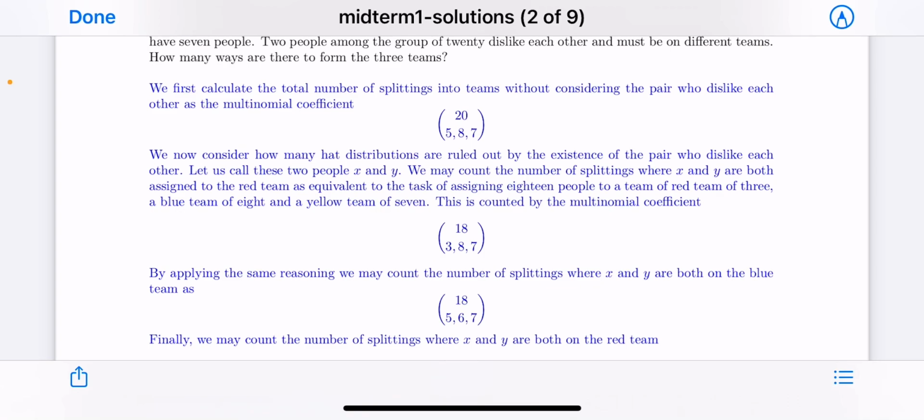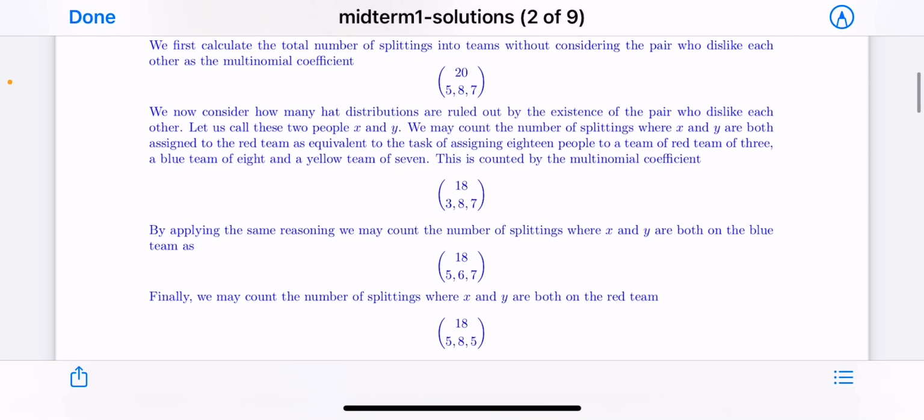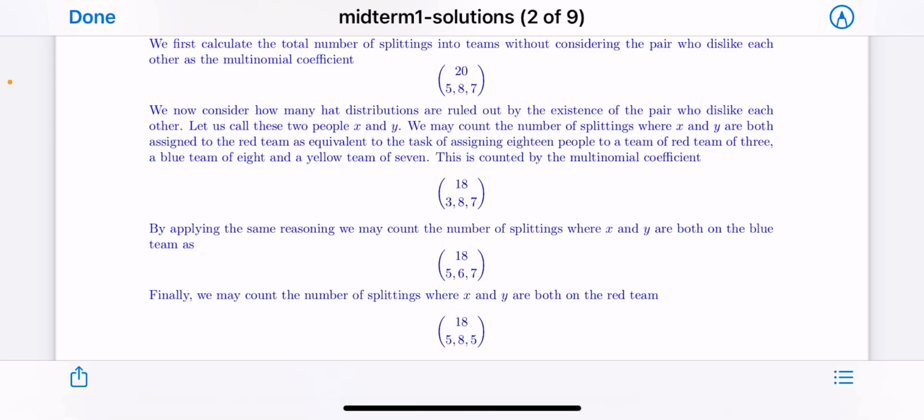You can do exactly the same thing for the 2 other subsets that need to be excluded: where they're both on the blue team and where they're both on the yellow team. If they're both on the blue team, there are 6 other spots on the blue team and 18 other people to be divided into 5 red, 6 blue, and 7 yellow. If they're both on the yellow team, there are 18 choose 5, 8, 5 ways to split them up.